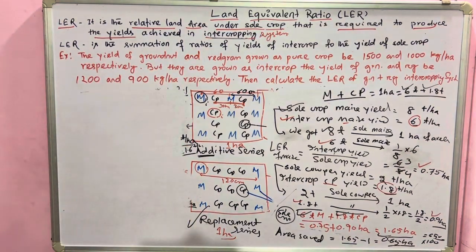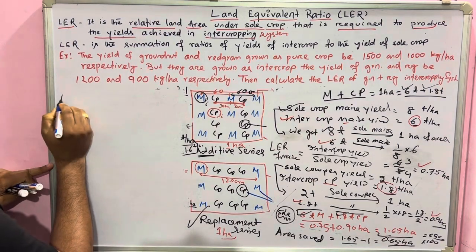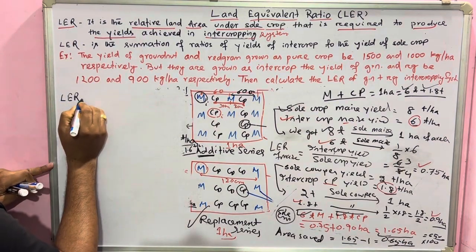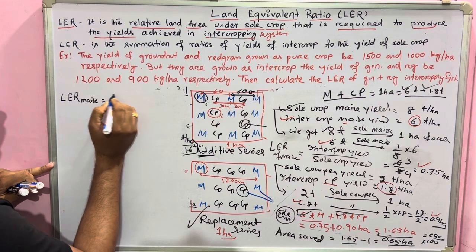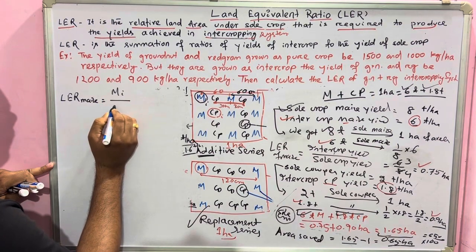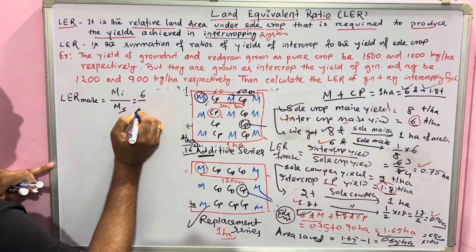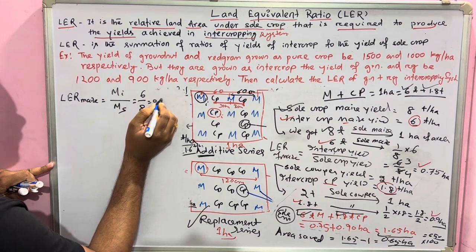If I ask you, what is the LER of maize? Sir, LER of maize is equal to maize intercrop yield divided by maize sole crop yield. So here it is 6 by 8, which is 0.75.